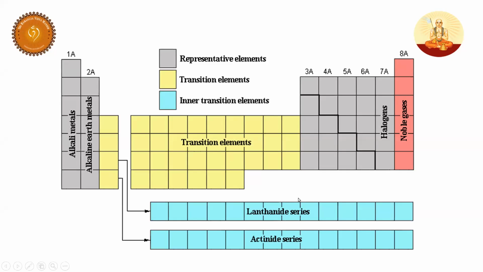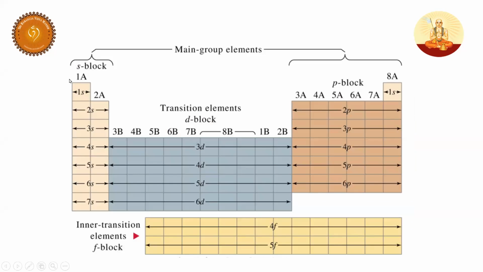Now, let us see the basic structure of the periodic table in terms of electronic configuration following the Aufbau principle. According to the Aufbau principle, the electronic configuration of elements is as follows.